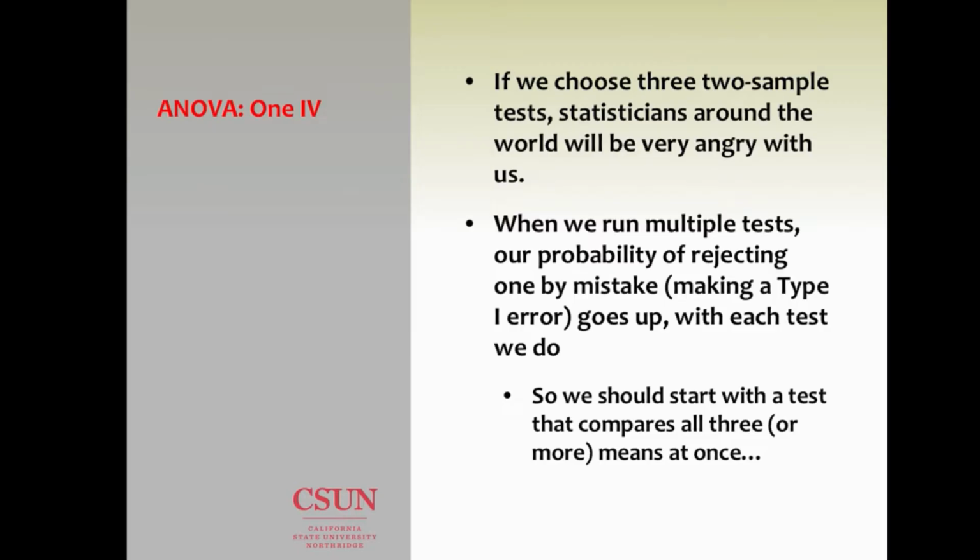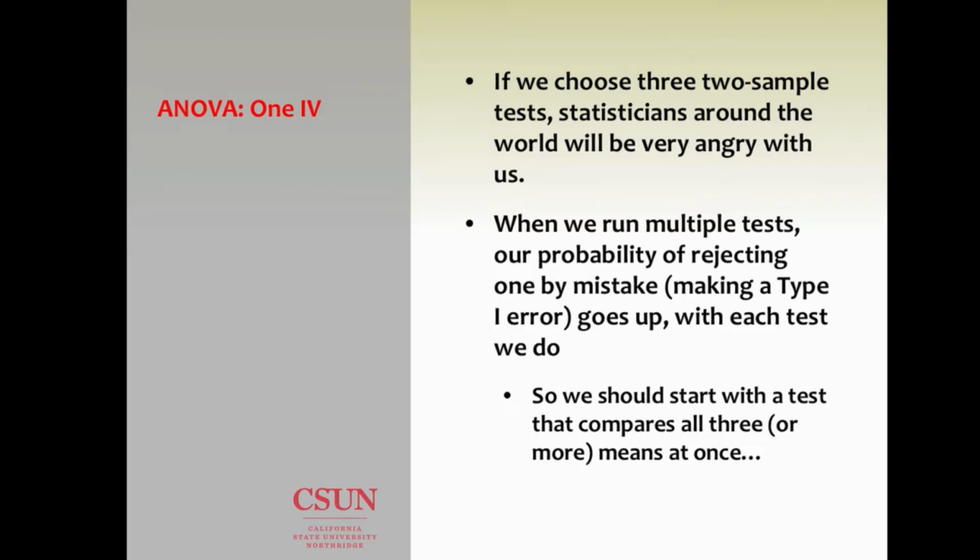Well, when we run multiple tests, every test that we run is built on this p less than 0.05 rule. And what that means is every conclusion we make is made with 95% confidence. So every time we make a decision, there's a 5% chance that we're going to make an error. So the more tests you run, it's a 5% chance of an error, and then you add another 5% chance of an error, and then another.